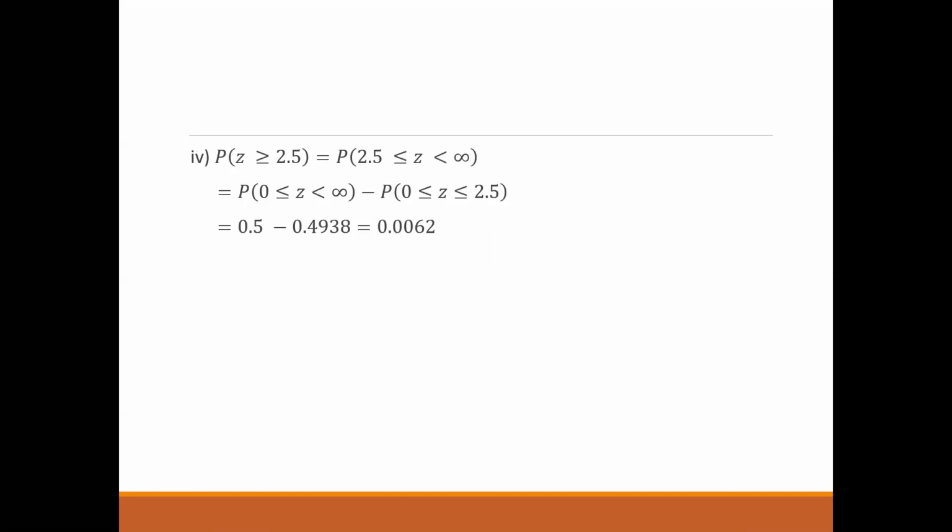Now, if I change this sign, if I make it Z less than or equal to 2.5, what will happen? When I say less than 2.5, that means it can go up to minus infinity, the negative part as well. So my area will be from 2.5 in the positive part and go up to the negative infinity.